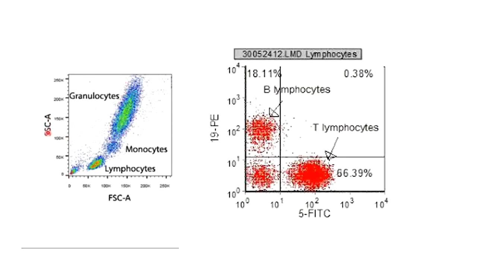Because obviously they have a higher value of granularity, because they have acidic, basic, and neutral granules in neutrophils and all. So their SSC value will automatically be high. So I get three populations: lymphocytes, monocytes, and granulocytes.